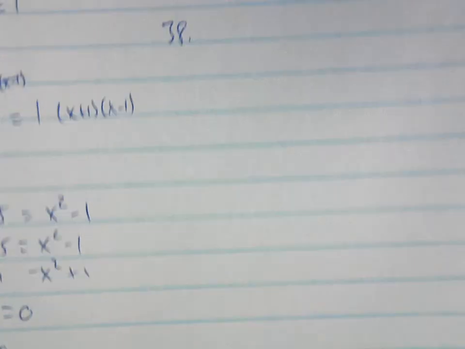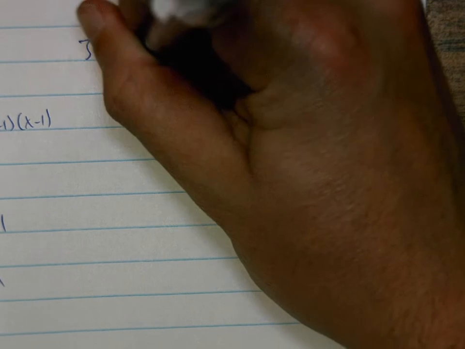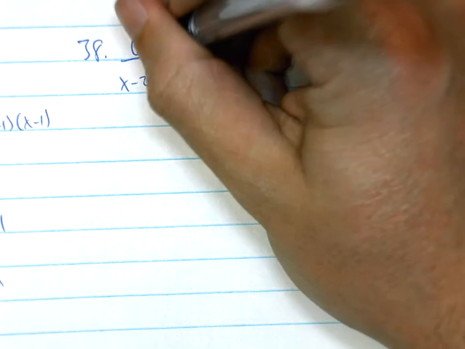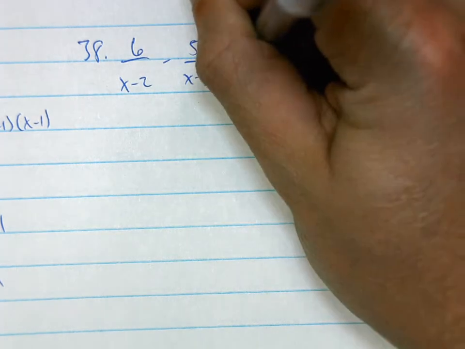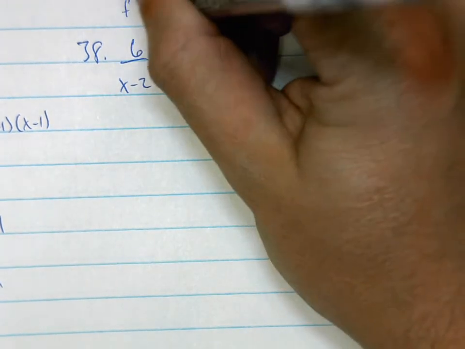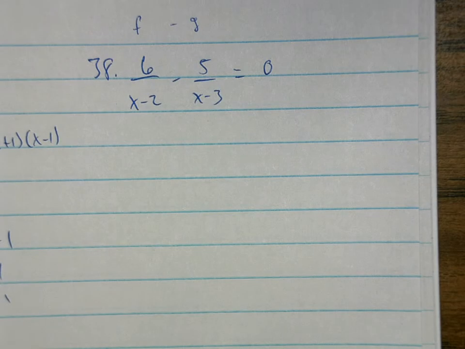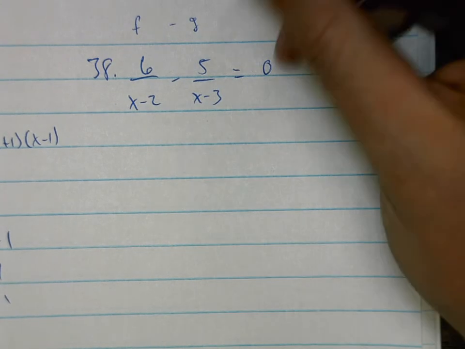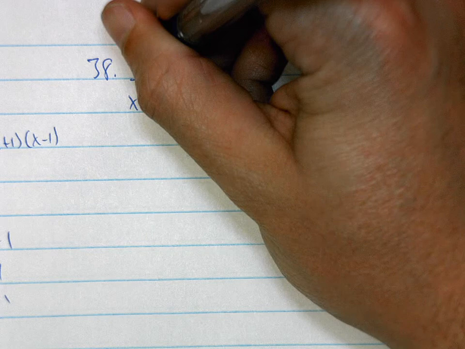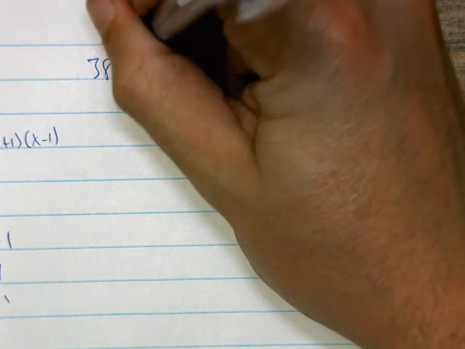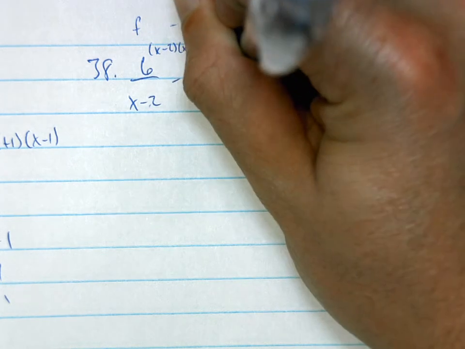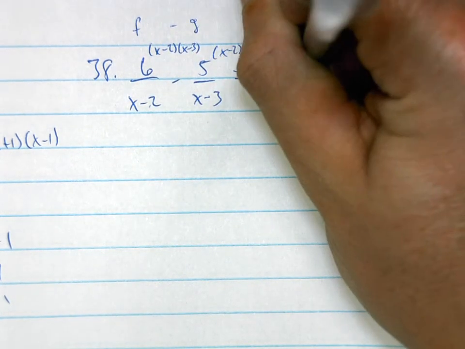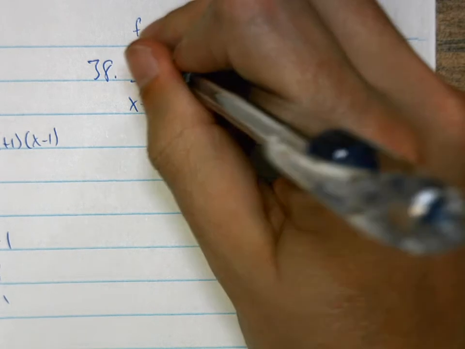38. 6 over x minus 2 minus 5 over x minus 3 is equal to 0, because this is f minus g of x. And if I multiply everything by the LCD, which is x minus 2, x minus 3, the x minus 2's cancel, so that's 6 times x minus 3.